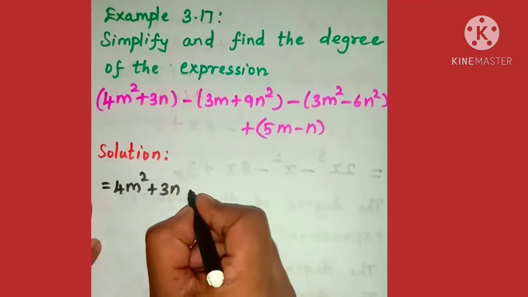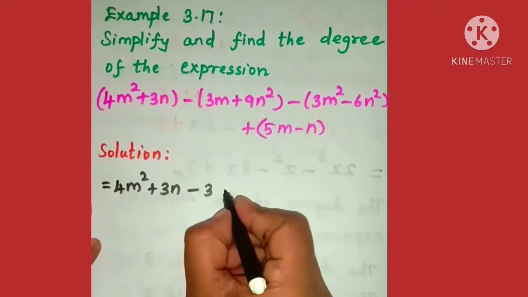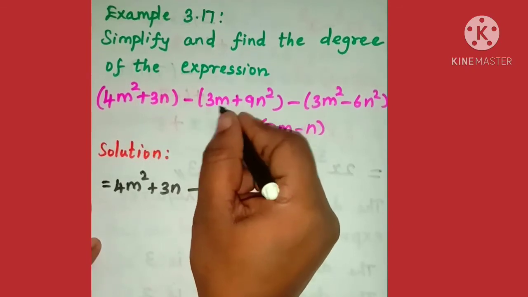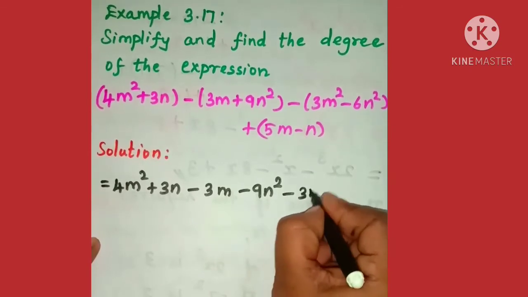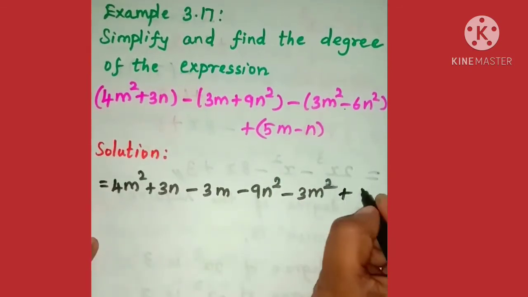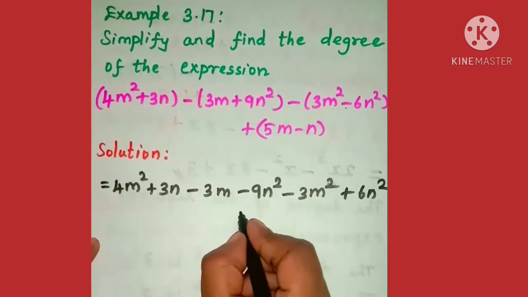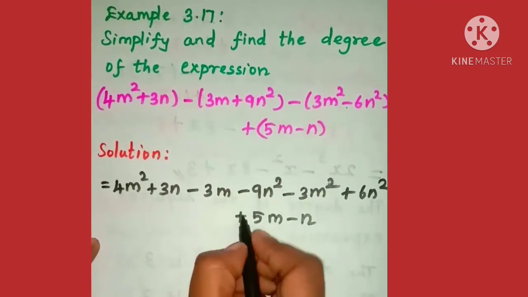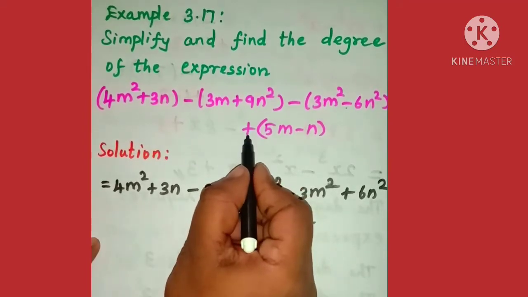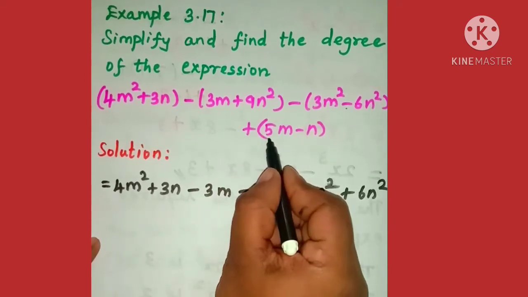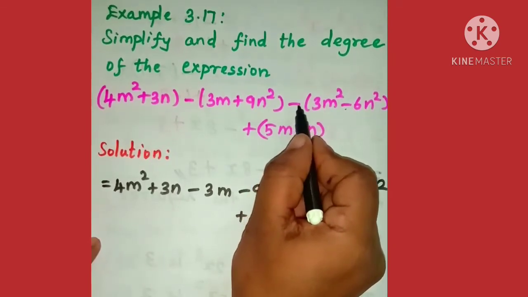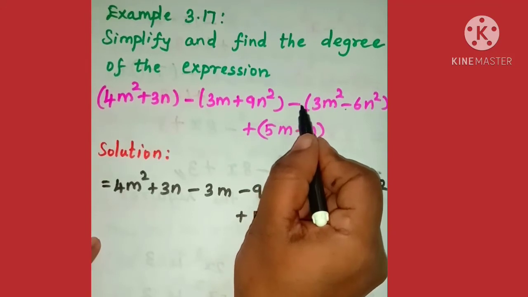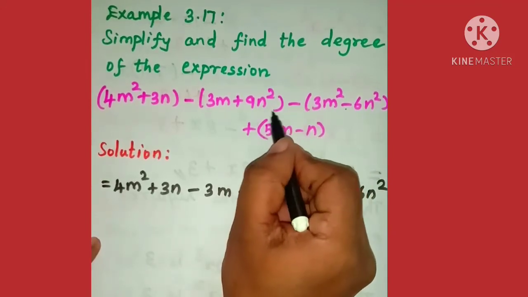So here, minus 3m, minus into plus 3m is minus 3m, minus 9n square, and minus 3m square, minus into minus is plus 6n square, and here 5m minus n, because here before the bracket there is the plus sign. So for the plus sign we put the expression as it is. For the minus sign, when there is a minus sign before the brackets, it can be removed by changing the sign of every term inside the brackets.